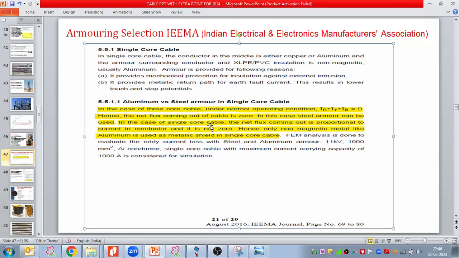In the case of single core cable, the net flux, the electromagnetic field that we discussed, coming out is proportional to the current in the conductor, and it is not 0. Hence, only non-magnetic metal like aluminum is used as a metallic shield or metallic armor in single core cable.